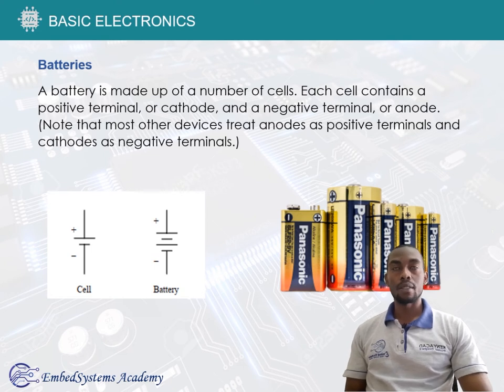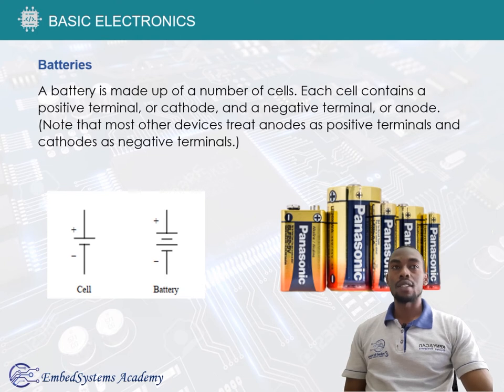A battery consists of cells, and each cell contains a positive terminal, called a cathode, and a negative terminal, or an anode. But remember, in other devices which we shall see, anodes are treated as positive terminals and cathodes as negative terminals. And this is the symbol for a cell and a battery.